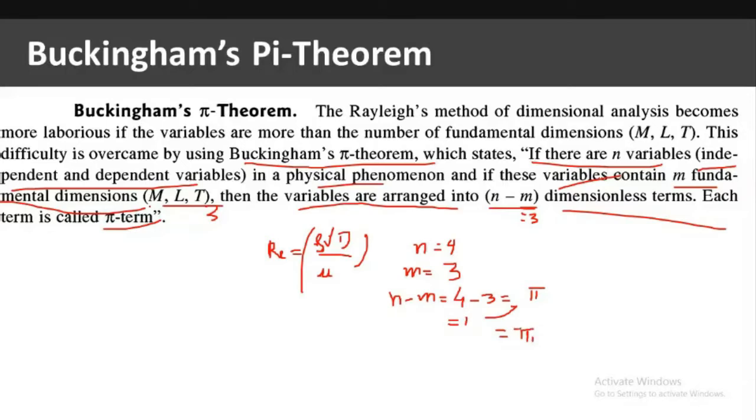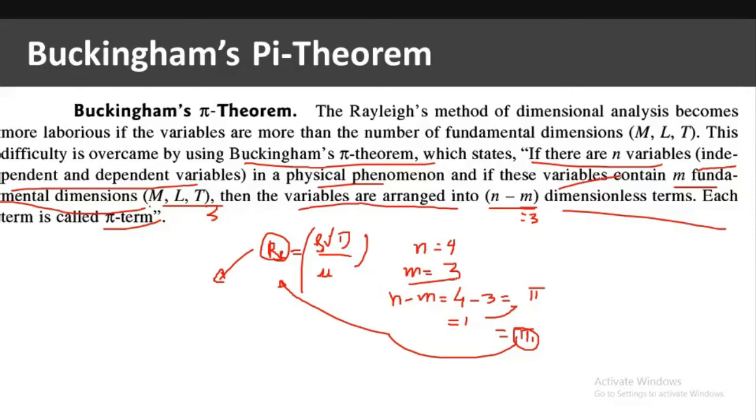So there will be one dimensionless term which is pi 1, and this pi 1 we call Reynolds number. So this is a dimensionless number. Reynolds number has no unit, no dimension. So a dimensionless number is a number which has no unit, no dimension. In this equation there were 4 properties and out of these 4 properties 3 were fundamental.